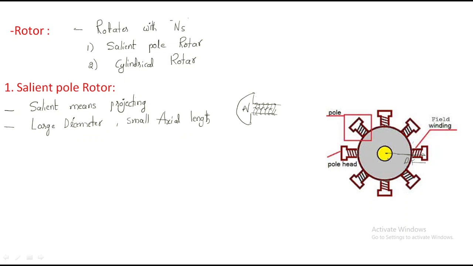Axial length means when we see from the top view, we get some length, that is the axial length. This construction is used for low speed applications.